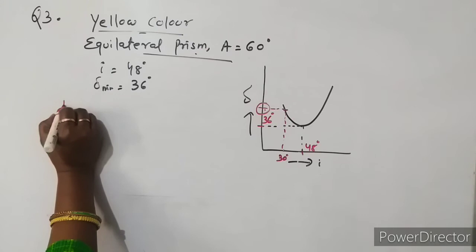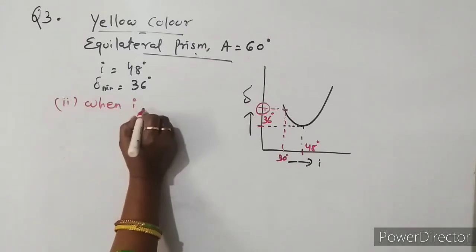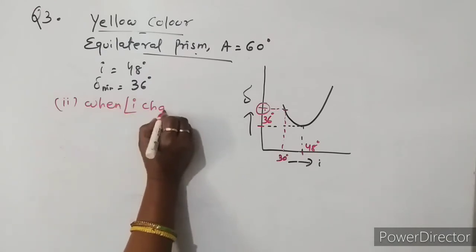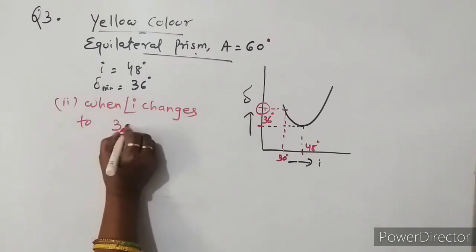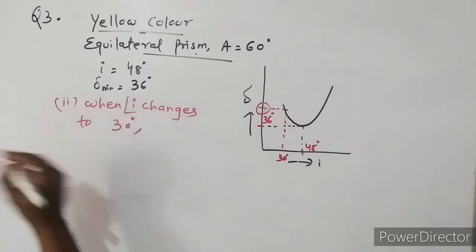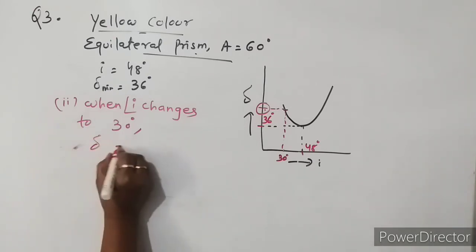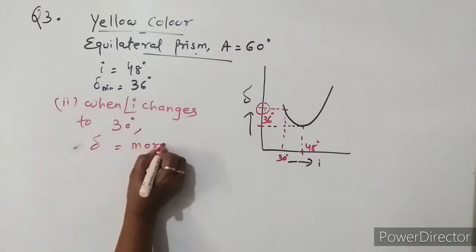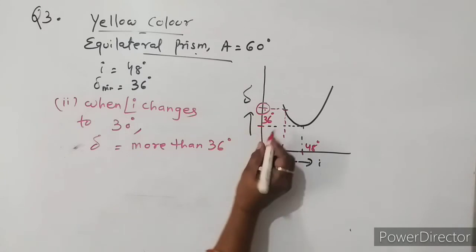So that is the second bit. When angle I changes to 30 degree, then the angle of deviation delta is more than 36 degree. Hope you understand this one.